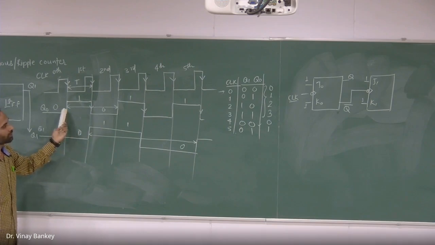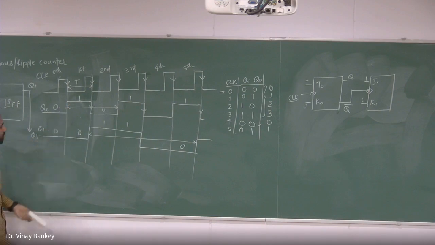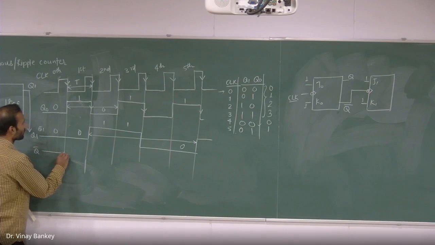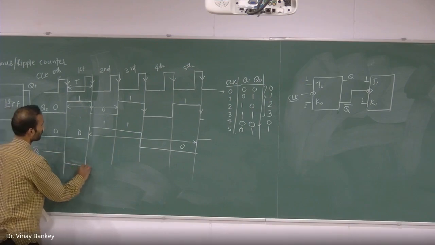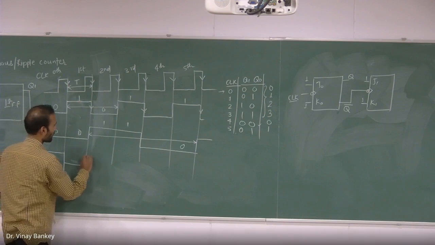It will change according to Q bar, for the negative edge. So let me draw this Q bar. What will be the Q bar? Q bar will be high, then 0, then again high.